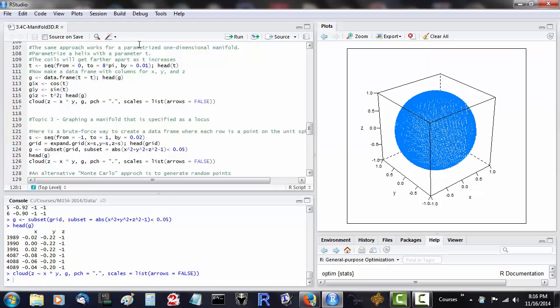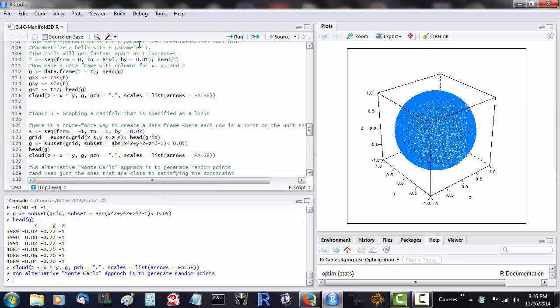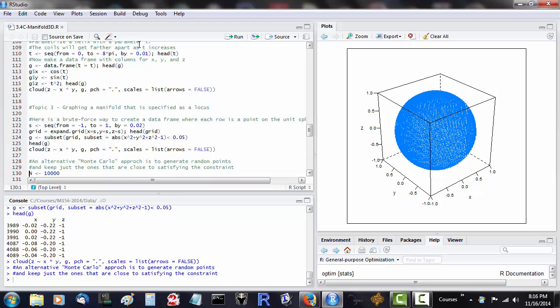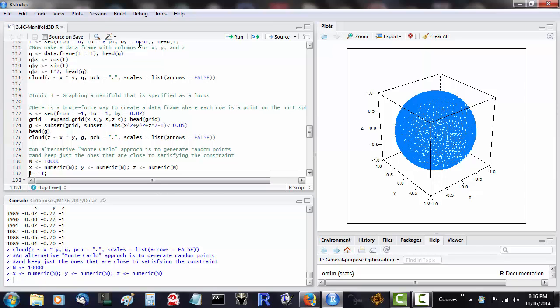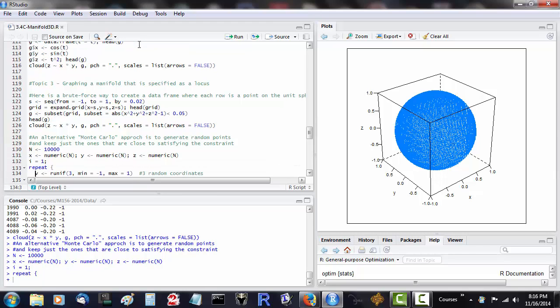In this case, there's no particular merit in having the points evenly spaced in a grid. An alternative approach is just to generate lots and lots of random points. If they're close to lying on the sphere, I keep them. Otherwise, I throw them away. So we'll go for 10,000 of these, set up 3 vectors that will hold up to 10,000 x, y, and z values.